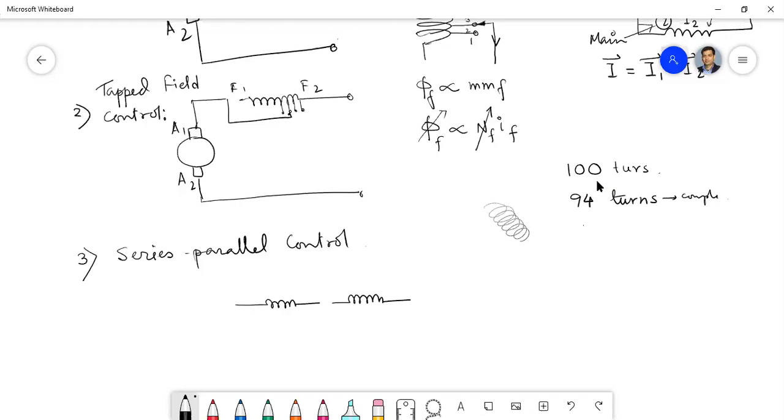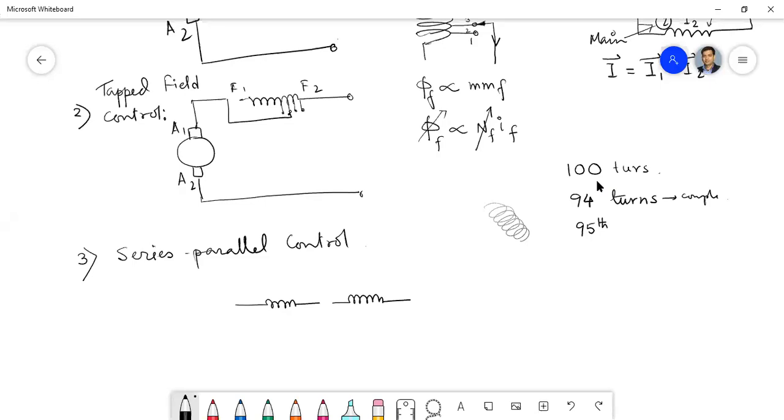Now, when you make the 95th turn, you rupture the insulation of the copper coil. All the copper coil has its own insulation.